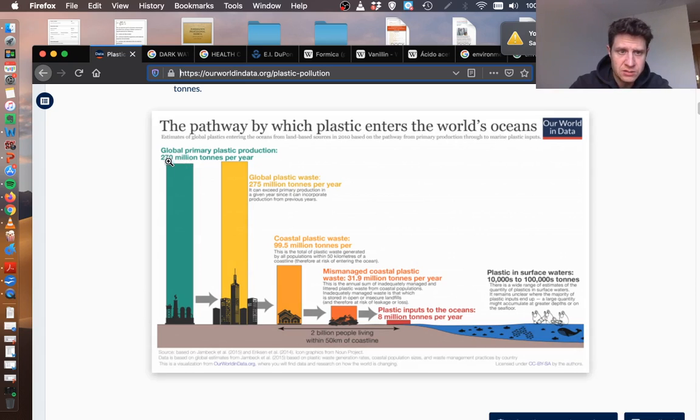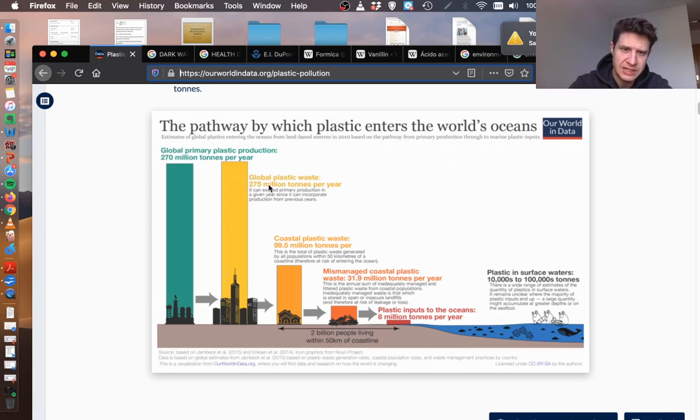This is the global industry that generates 270 million tons per year. 270 millones de toneladas de plástico cada año, ¿vale?